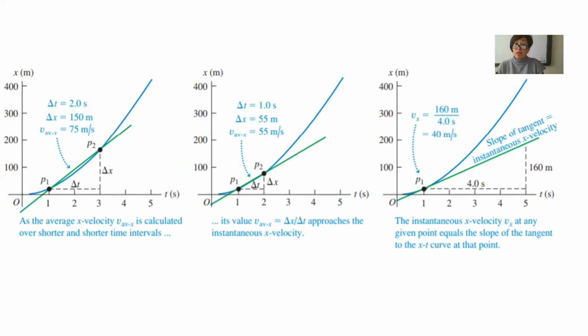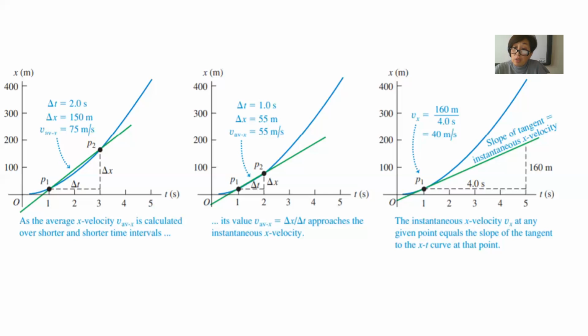This value, the slope, the average velocity, approaches the instantaneous velocity. This third diagram shows x coordinates versus time.